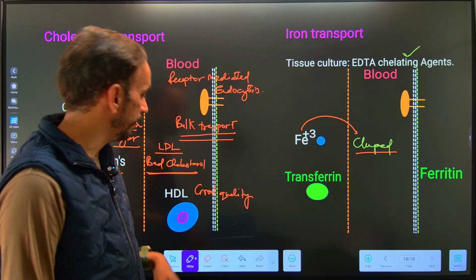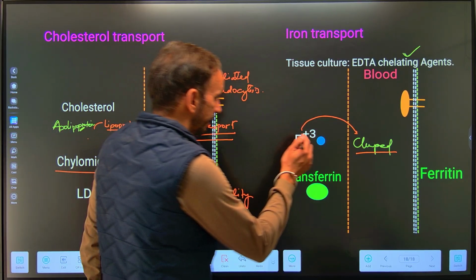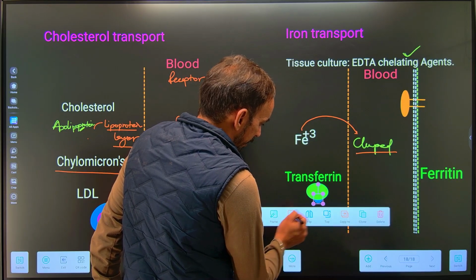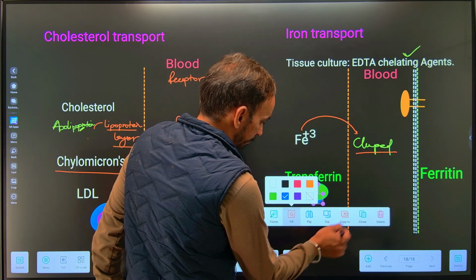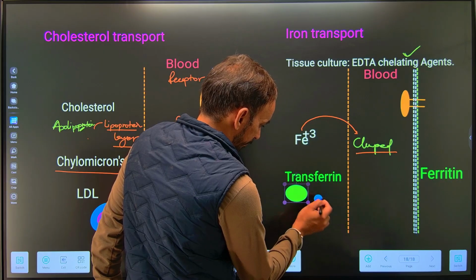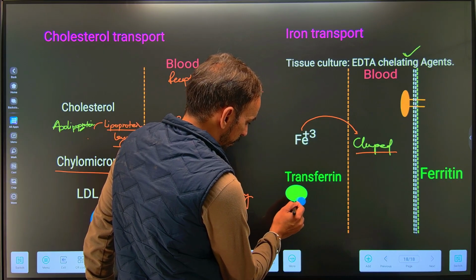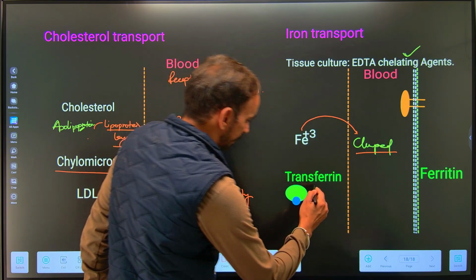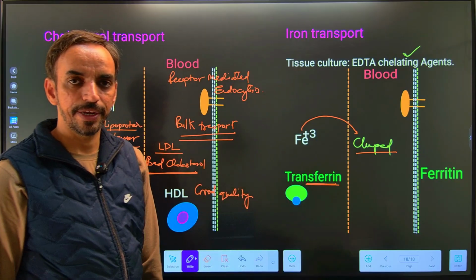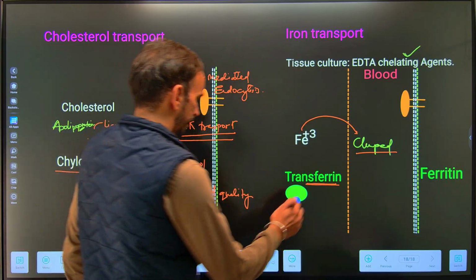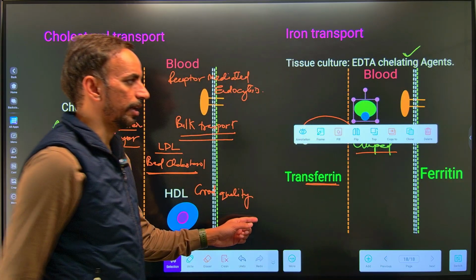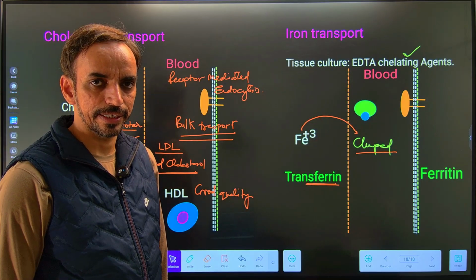फिर यहां पे क्या करेंगे अपन, here the iron is added with a transporter. That transporter is called transferrin. तो आप क्या करेंगे, आयरन को ट्रांसफेरिन पे ऐड कर देंगे. Now it can be transported or dumped into the blood. अब आप इसको ब्लड में डाल सकते हैं.